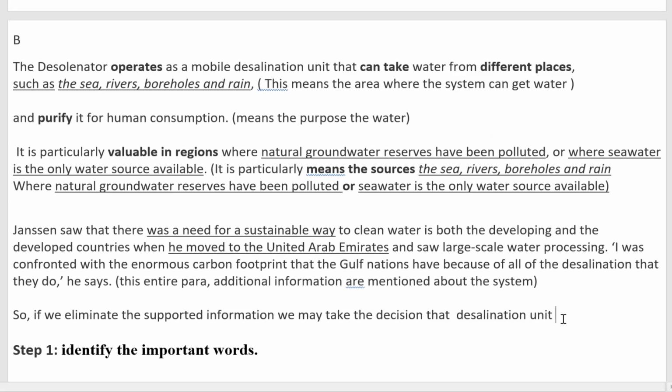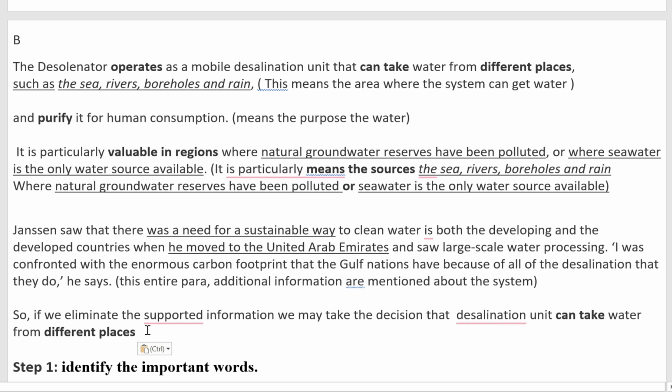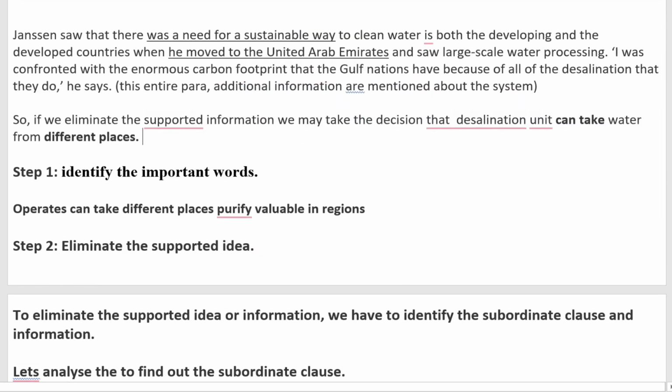So, if we eliminate the supported information, we may take the decision that desalination unit can take water from different places. Step 3. Aggregate the important words.